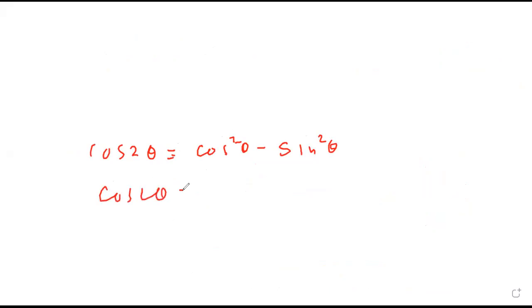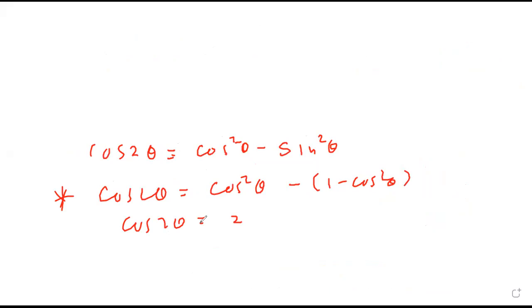Cos 2 theta will become cos square theta minus (1 minus cos square theta), so it becomes 2 cos square theta minus 1. So 1 plus cos 2 theta is 2 cos square theta.